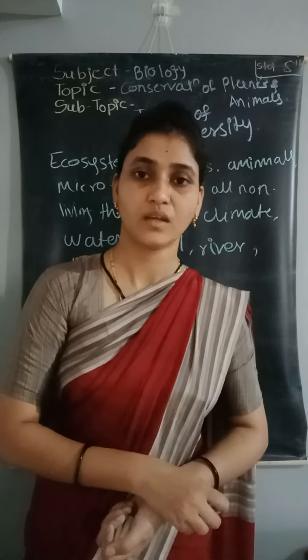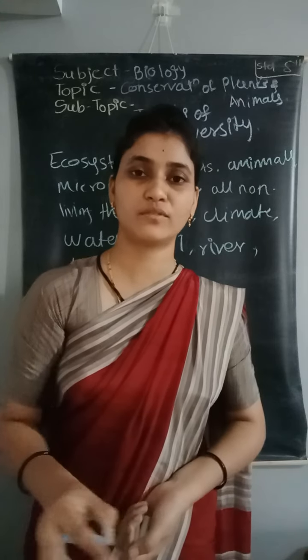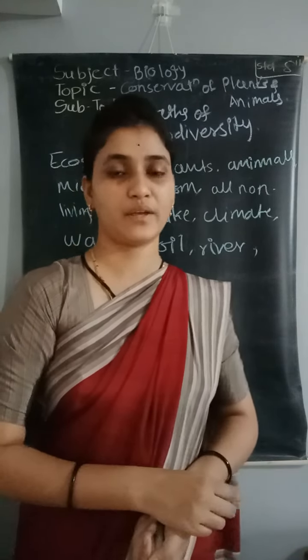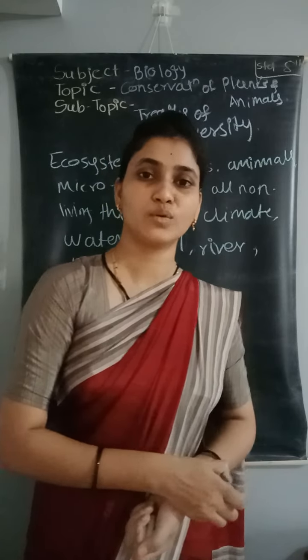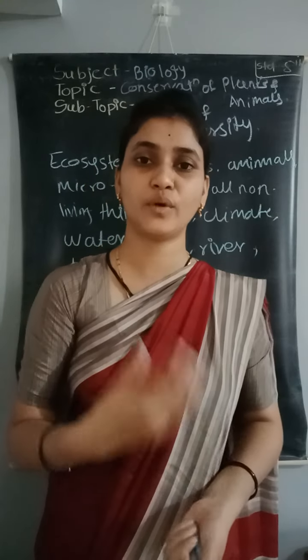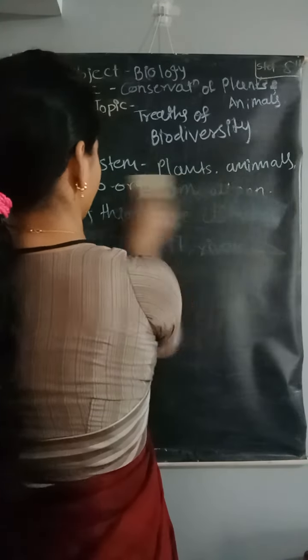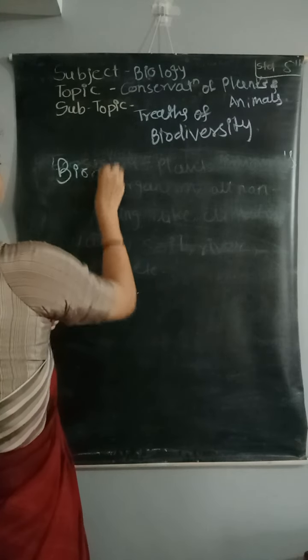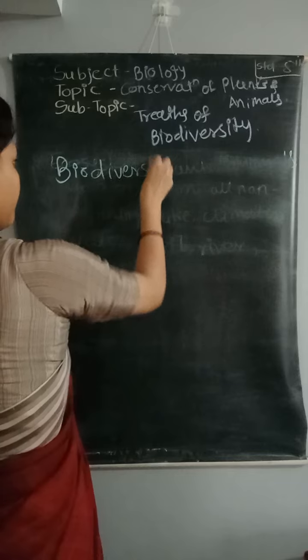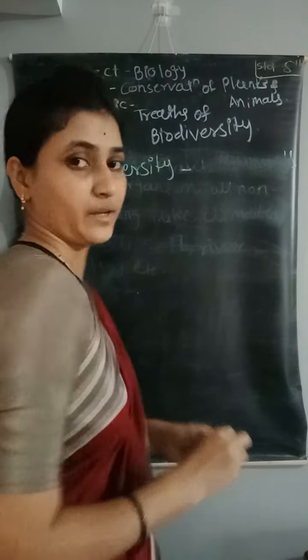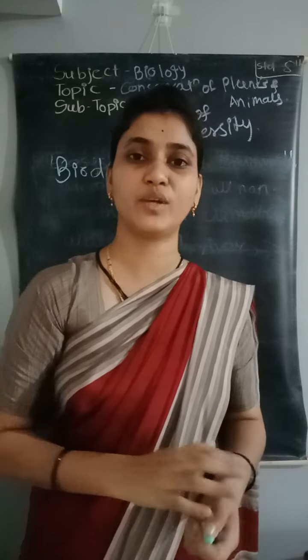Now thousands of species are present in this ecosystem, and the ecosystem has so much biodiversity. So now we are going to biodiversity. What is biodiversity? Biodiversity is the diverse variation in living and non-living organisms present on the earth.